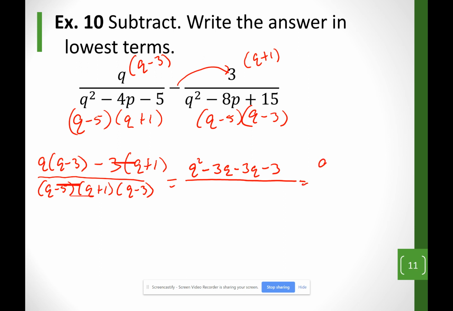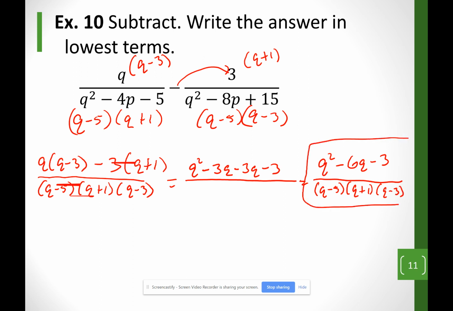That simplifies to q squared minus 6q minus 3. I cannot factor it, so I'm just going to leave it at that. At the bottom, my factors are q minus 5, q plus 1, q minus 3. Nothing cancels out, so I'm good.